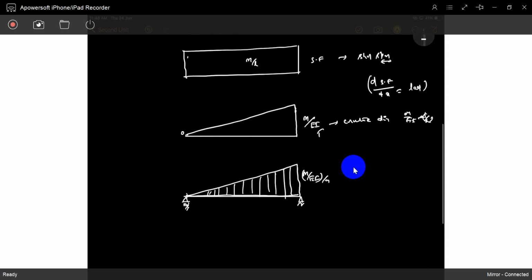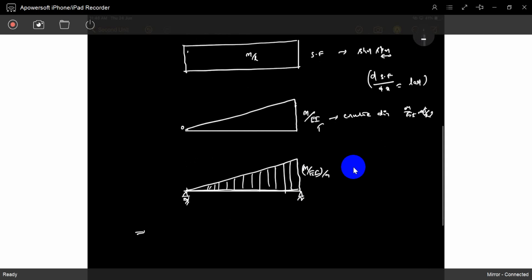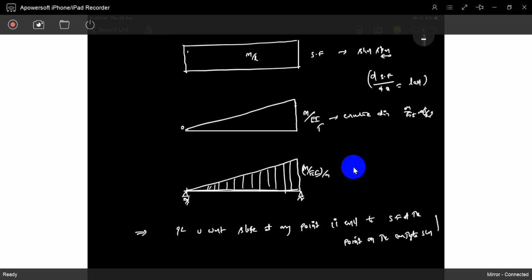That is the load. Do you remember the theorem? If you want the slope at any point, it is equal to the shear force at that point on the conjugate beam. That is the theorem.